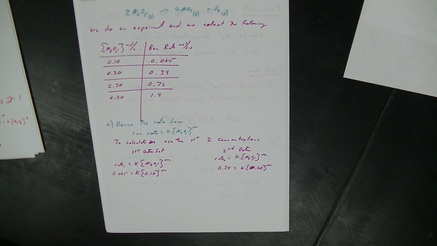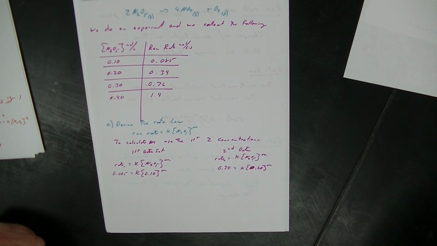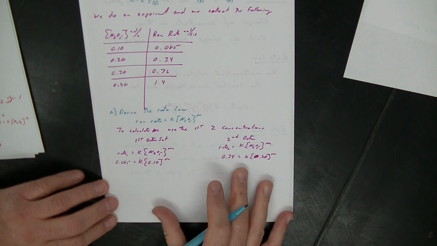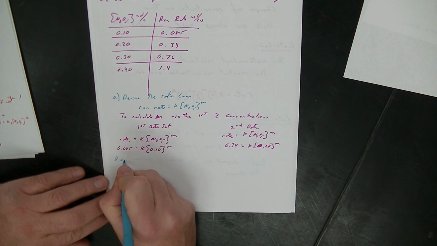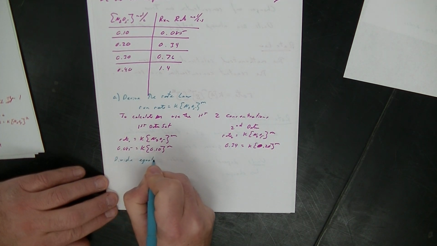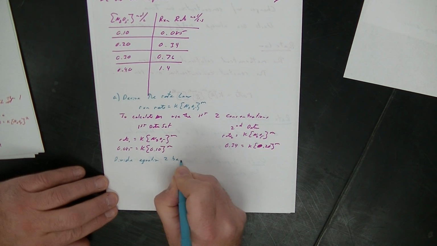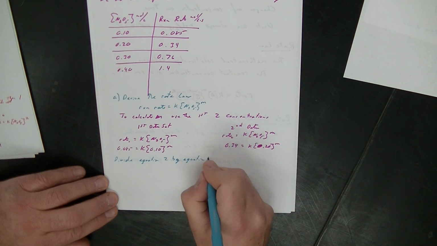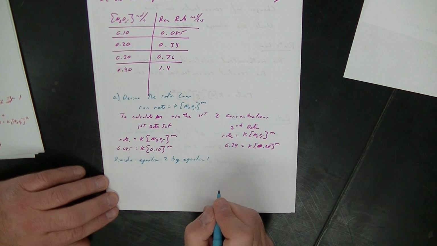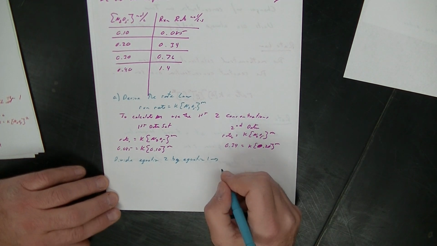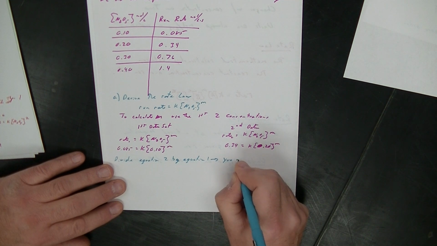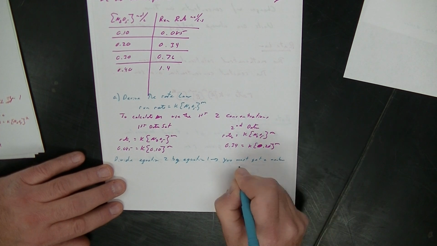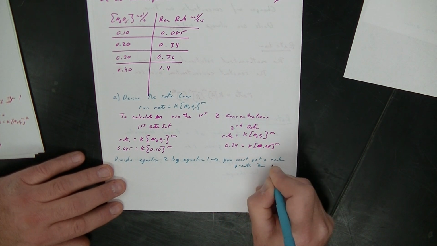So now we do some fancy math, and it's really not fancy math. What we're going to do is we're going to divide equation 2 by equation 1. And when you do that, you must get a number greater than 1.